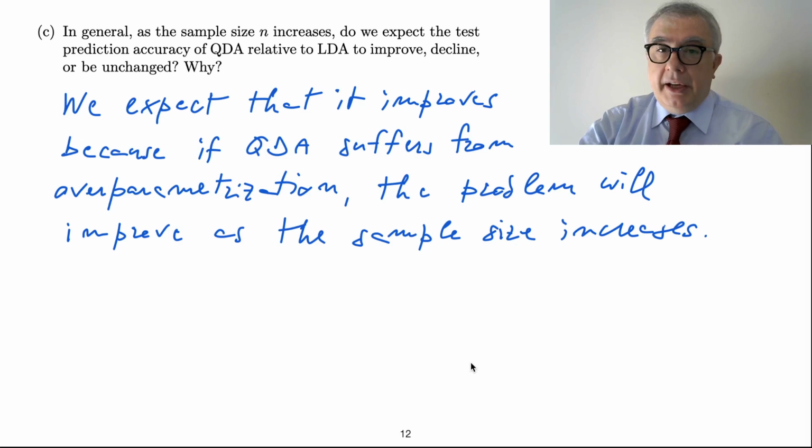On the other hand, if you do not have an overparameterization problem, with the increase of the data, QDA will get closer and closer to a better approximation of the decision boundary. So if you have more parameters, your performance, I guess, is going to improve when the sample size increases compared to the performance of a simpler model with fewer parameters.